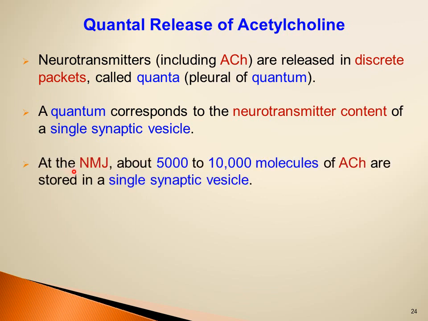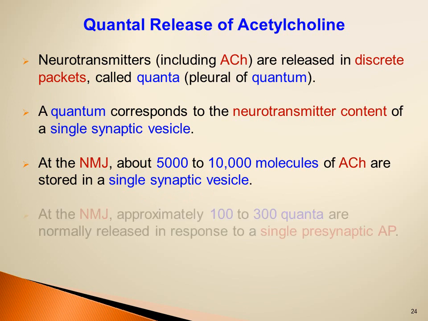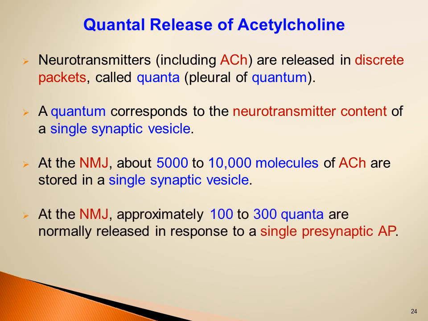Again, at the neuromuscular junction, approximately 100 to 300 synaptic vesicles or quanta are normally released in response to a single presynaptic action potential.